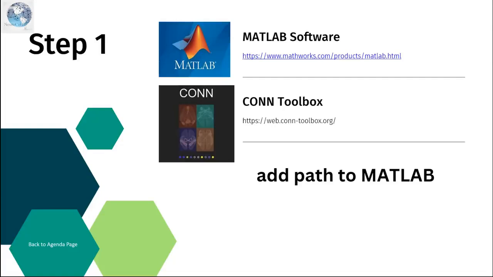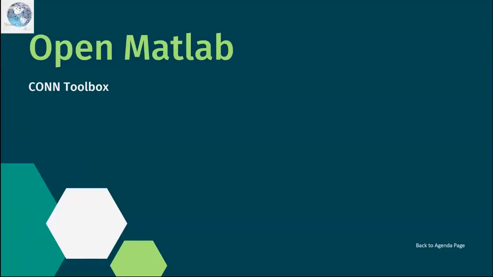We also have other toolboxes for processing fMRI, but this is the one that I have learned and I want to share with you, because many participants from previous workshops, after the workshop, also could not process the images using Conn-Toolbox. They had problems setting up the Conn-Toolbox in MATLAB.